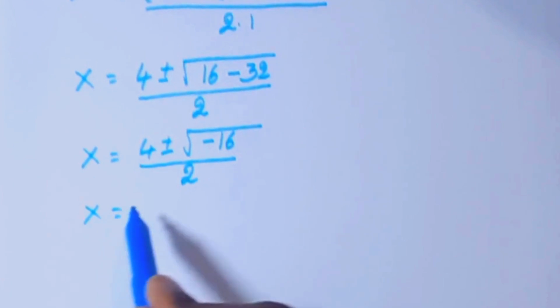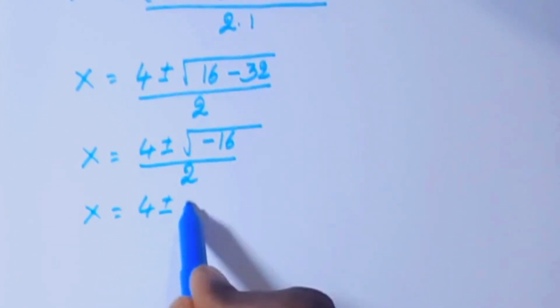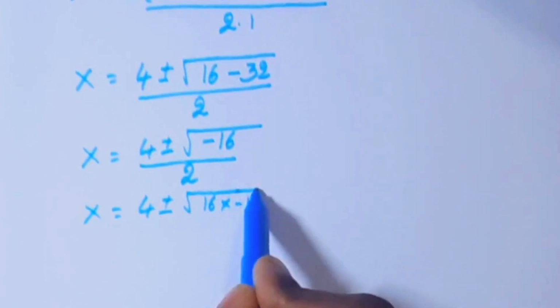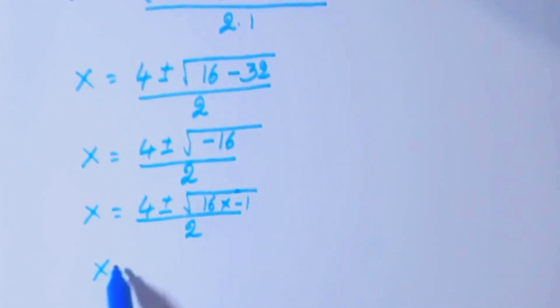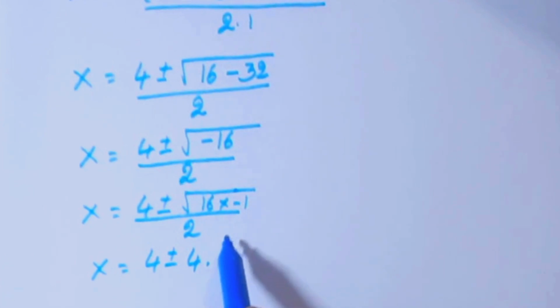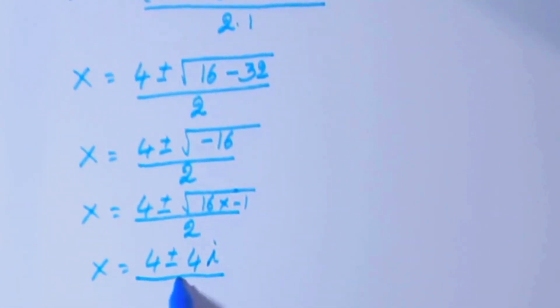Now x equal to 4 plus or minus, this can be written as square root of 16 times minus 1, by 2. So x equal to 4 plus or minus, square root of 16 is 4, square root of minus 1 is i, by 2.